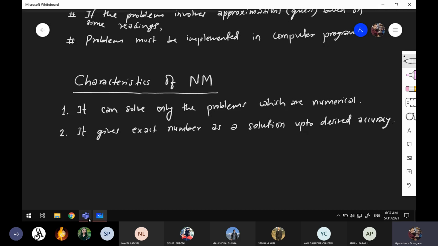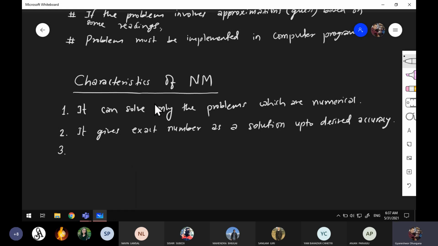How much accurate a value we need, depending upon that desire, we may have to go for a number of iterations, but the numerical method always gives the exact number as a solution. So that is why it is called the numerical method.